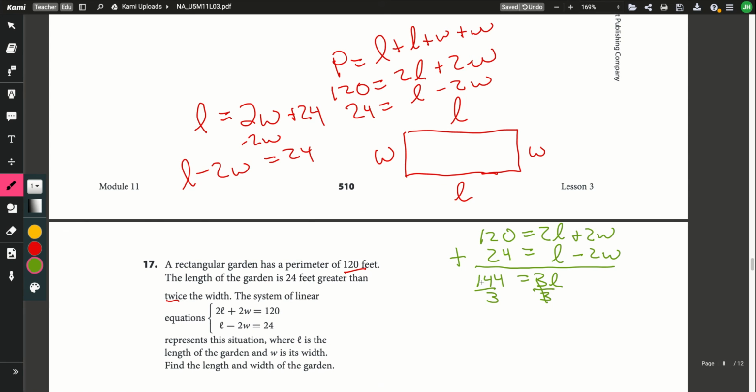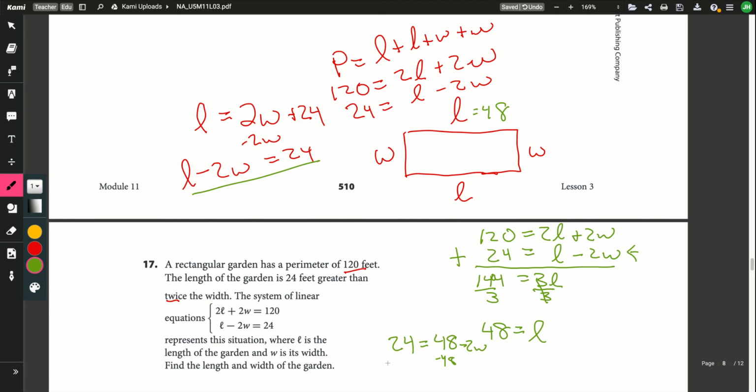So then 3 goes into 14 4 times with a remainder of 2. 3 goes into 24 8 times. 48 equals L. So L equals 48. And then we can plug that in to this or to this to find out what W is. So 24 equals 48 minus 2W.